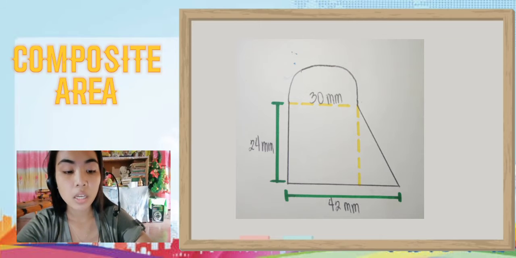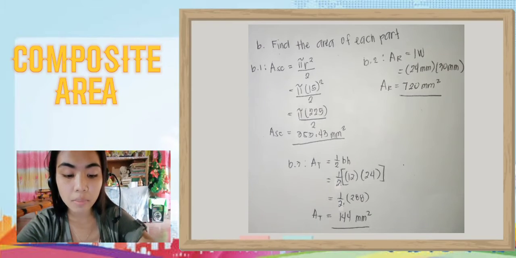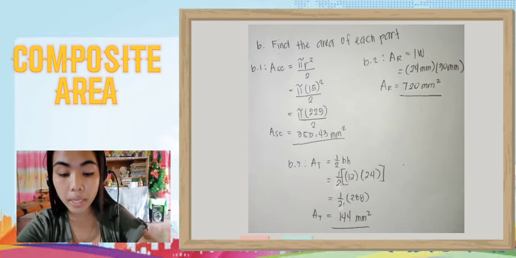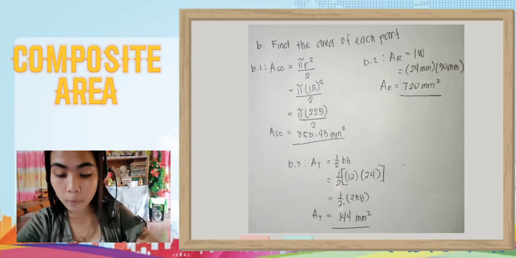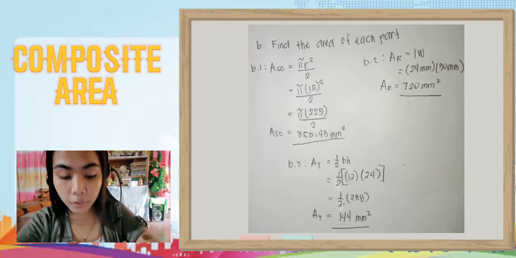For the area of the semicircle, it is equal to pi r squared over 2. So, we use pi times 15, since it is indicated here, squared. Why 15 squared?